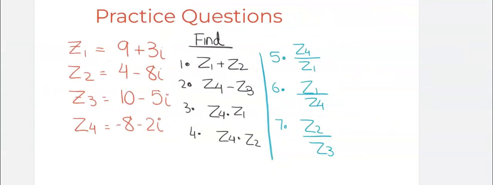Okay, clear frame. Let's say we got a question. Let's say we got a number 5 plus 2i, and let's say this is my z.